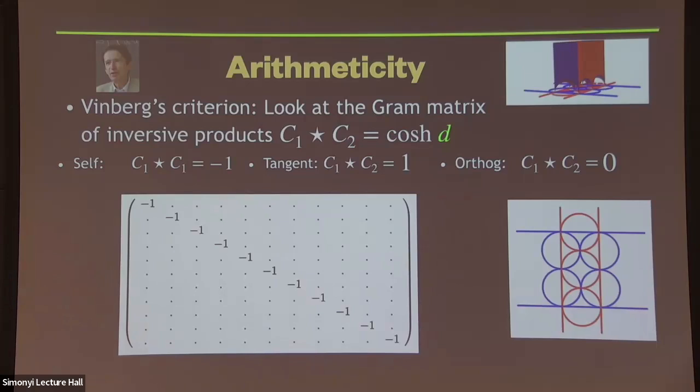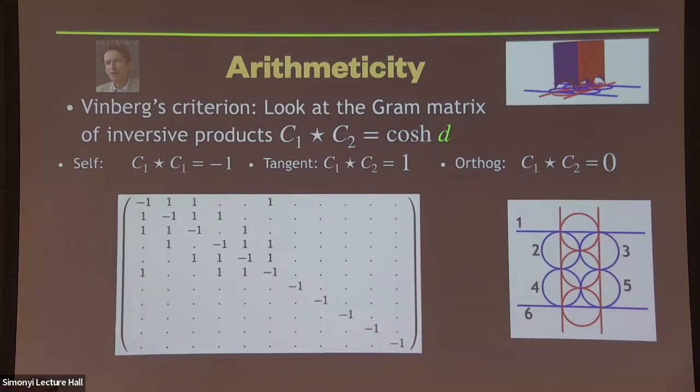Self-intersections are -1. Then if I number these, this is number 1, 2, 3, 4, 5, 6, the blue walls, then I can already record the inner products based on tangency. So 1 is tangent to 2 and 3 and 6. 1 and 6 are tangent at infinity. And so we should see that here. 1 is tangent to 2 and 3, not 4, 5, and 6. And so on.